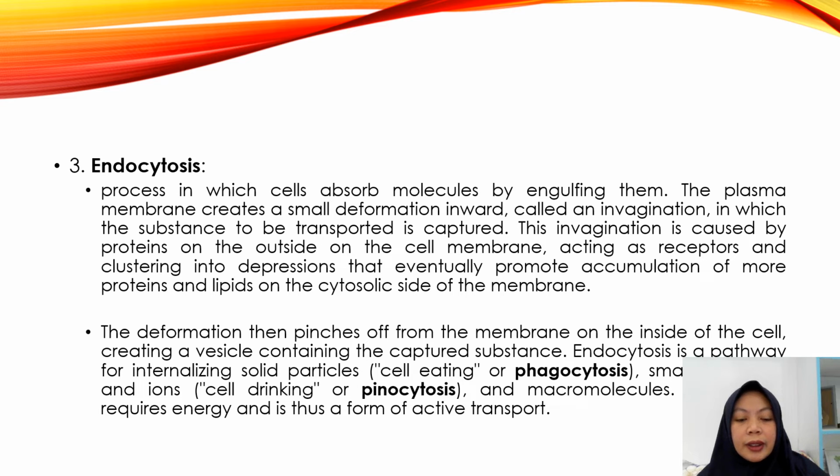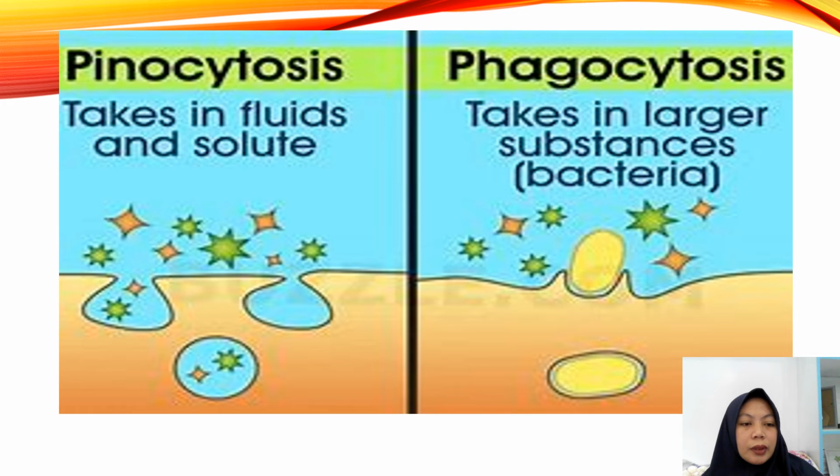This requires energy, and thus this is a form of active transport. So pinocytosis is a form of endocytosis wherein it takes in fluids, solutes and other ions, while phagocytosis takes in larger substances, for example bacteria. Phagocytosis is also known as cell eating, while pinocytosis is cell drinking.